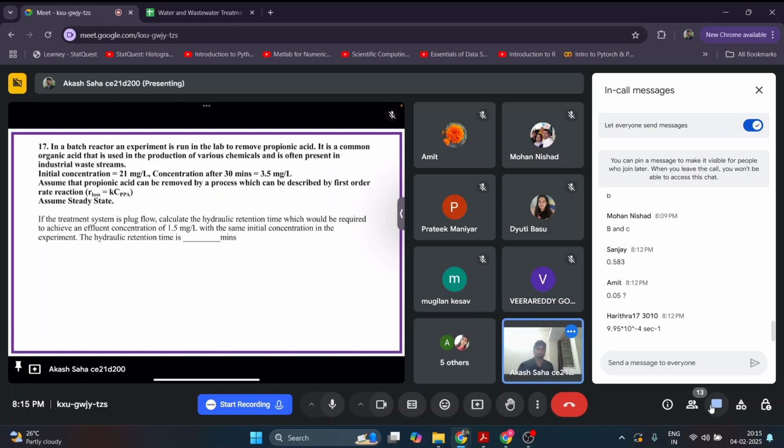Tell me the answer. So here you can keep the K value in per minute, that small 0.0597, because the same K value will be used. Just keep the same K value. The answer you will get will be in minutes.